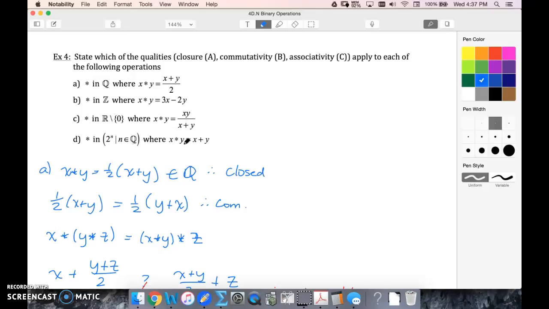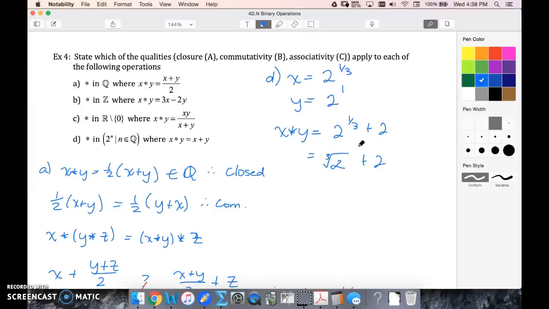Well, if we think about rational numbers here, one example is that we could say x is equal to, let's say, 2 to the 1/3, and y is equal to 2 to the 1st. Then x star y is going to be 2 to the 1/3 plus 2. Well, that's the cube root of 2 plus 2. There's no way to simplify this down so that I can write it as 2 to the power n. I can't combine these in any way. So therefore, this is not closed.